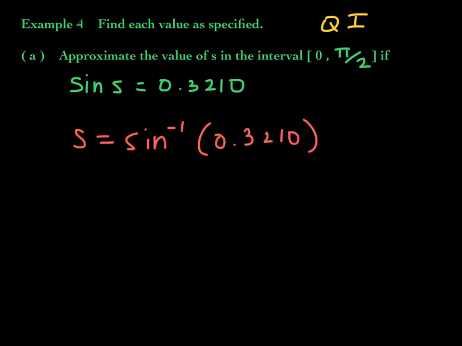Whenever they give us the output and then ask us for the input, we have to use an inverse function, okay? All right, so then s will be approximately equal to 0.3268. Cool, let's do another one.